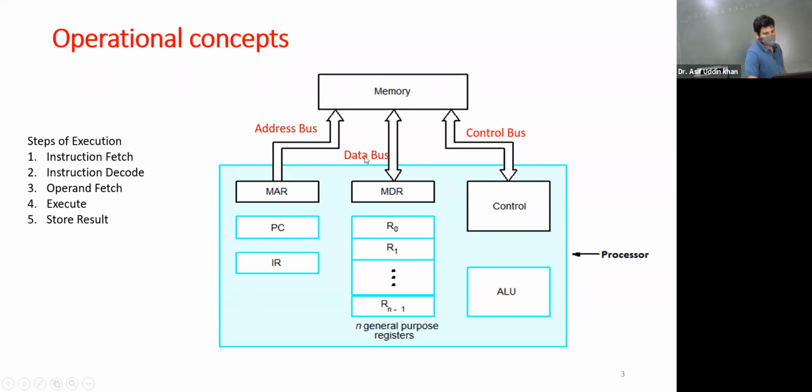Address bus is used to carry addresses, data bus is used to carry data, control bus is used to carry control signals. Inside the processor we have ALU, control unit, special purpose registers like MAR, MDR, then PC, program counter, IR, instruction register, and some general purpose registers like R0, R1 up to Rn-1.